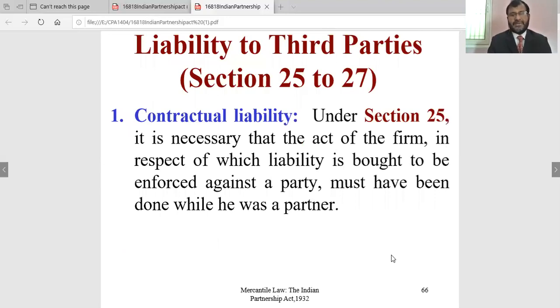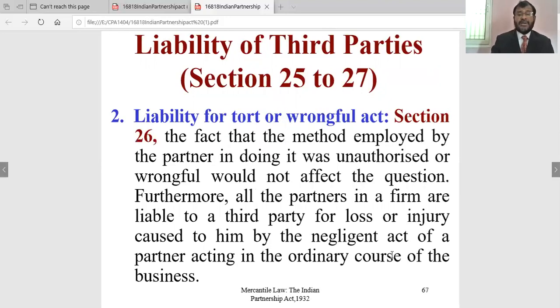Contractual liability, section 25. It is necessary that the act of a firm in respect of which the liability is sought to be enforced against a partner must have been done while he was a partner. That is contractual liability. Liability for tort or wrongful act: section 26 of the Indian Partnership Act deals with that.